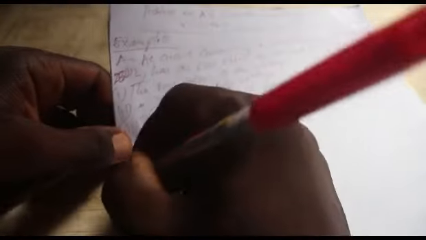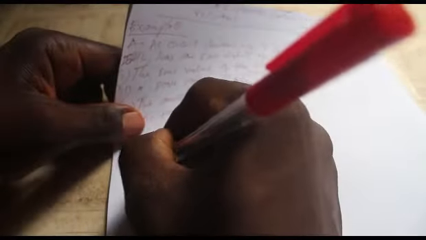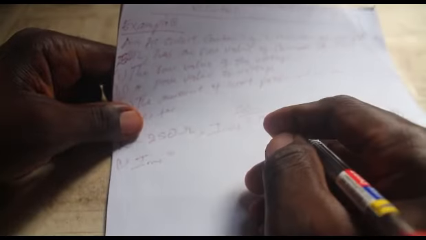So to answer the first question, we should find the RMS value of the voltage. And you know, from the equation I gave you earlier, when you apply Ohm's law to describe the relationship between the voltage and the current in an AC circuit, we have something like this.